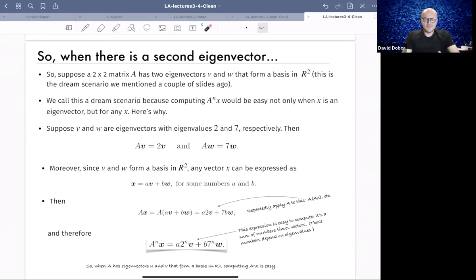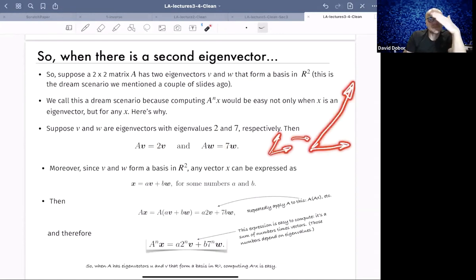That means that when I apply A to this vector V, I stretch it twice. When I apply A to this vector W, it gets stretched 7 times. So I apply A to it, V gets stretched twice, W gets stretched 7 times. But the directions of those vectors do not change.